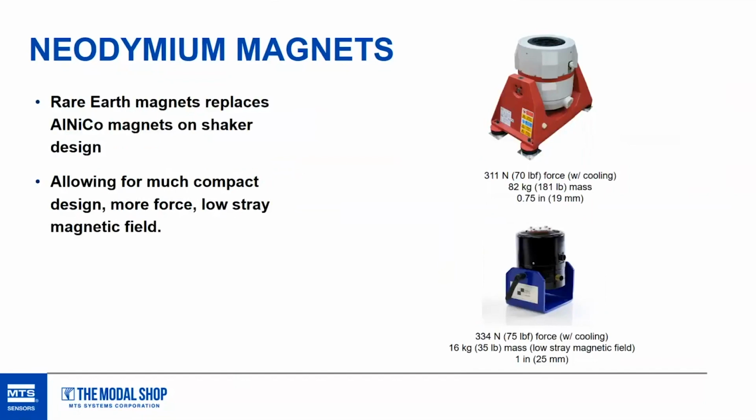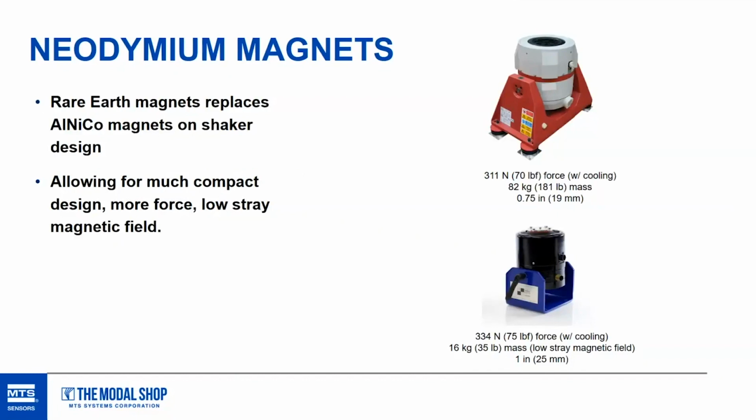Around, I think, the late 90s, rare earth magnets became readily available, and they started to substitute the alnico magnets in the shaker designs. The main type of rare earth magnet is called the neodymium magnet.